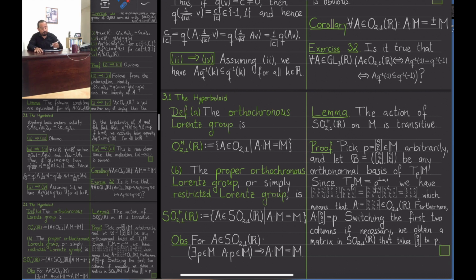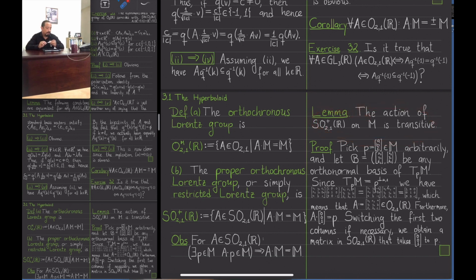Now, of course, by definition, the restricted Lorentz group acts on M. One of the first things we asked for Möbius transformations had to do with transitivity, and well, it better be transitive.